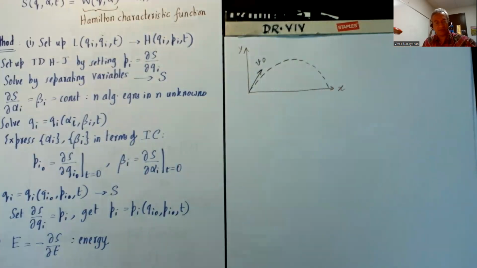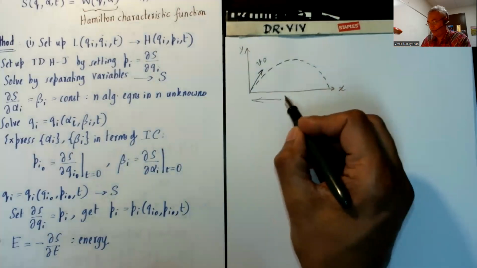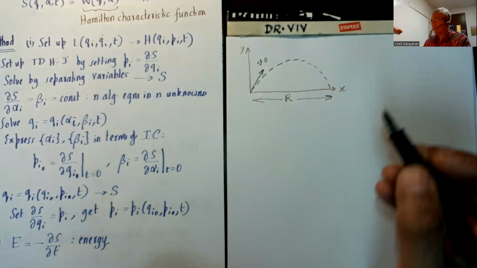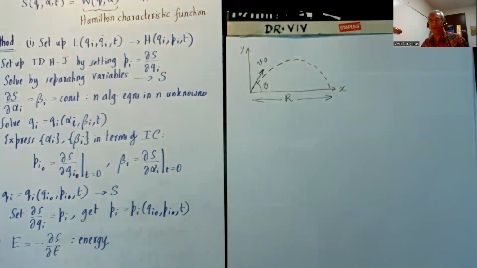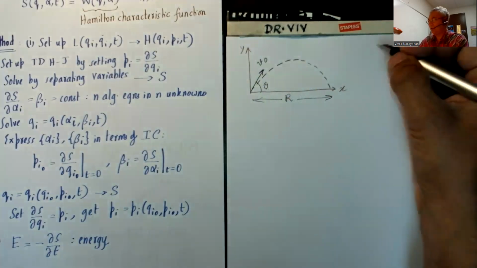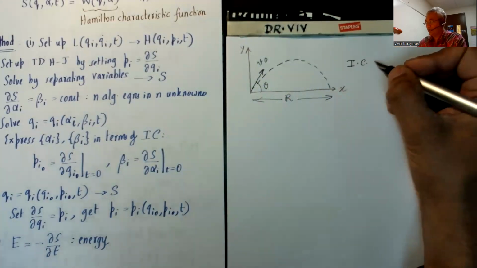So we're going to see some interesting features along the way. The range of the projectile is usually called by the letter R. The projectile is going to be launched at some initial velocity V0. We all know how the solution is going to go, so I would like you to keep all that in mind, those elementary things which you learned from basic physics.